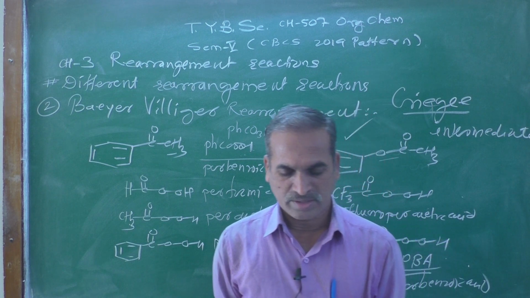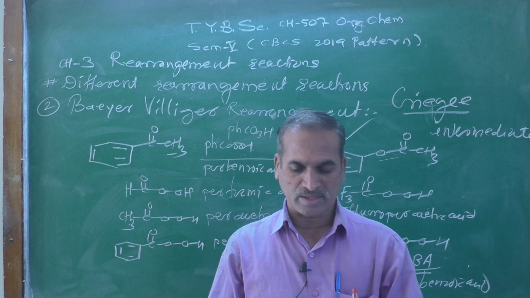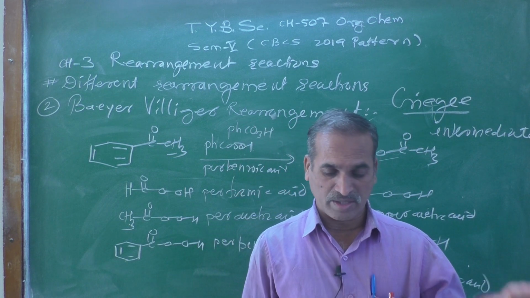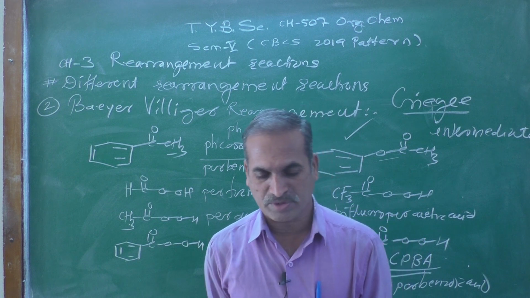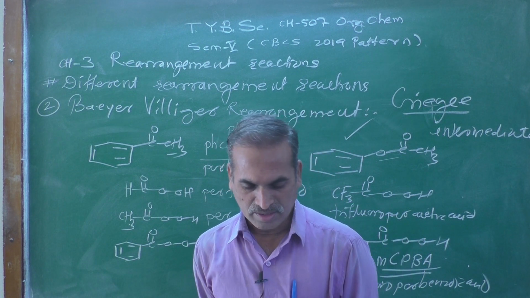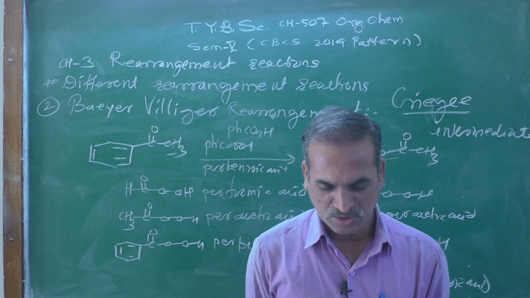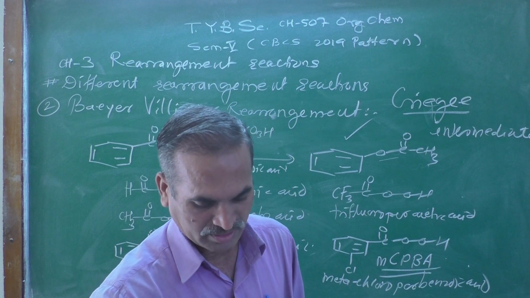Thus the rearrangement involves migration of an alkyl or aryl group from the adjacent carbon to the electron deficient electrophilic oxygen, and the carbonyl oxygen of the ketone becomes the carbonyl oxygen of the ester.